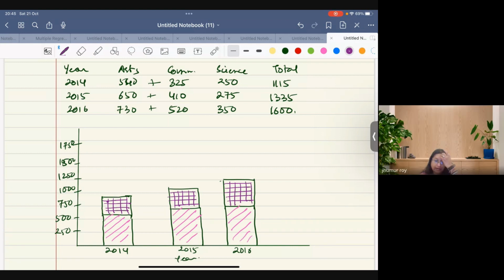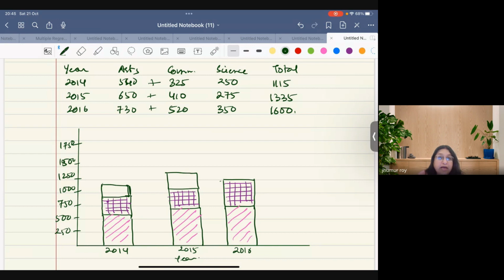So this is my second diagram that I've drawn, one on the other. See, the difference is we are not drawing side by side over here. We are drawing one on top of the other. That is why it is called a subdivided bar diagram. Now the last one, if you draw, this one will be 1115. 2015, the second one you will have over here will be 1335.